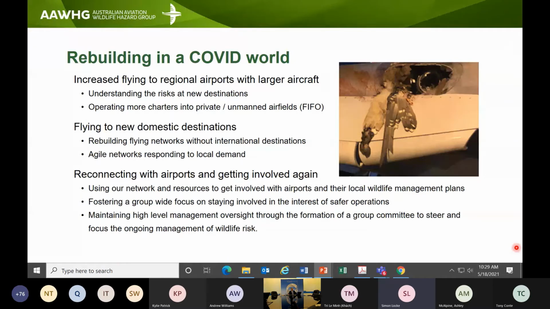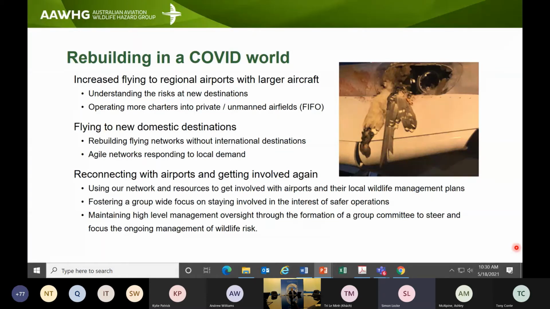What we're doing with that is utilising our networks across the airports and taking more of a group-wide focus on getting involved in the airports. The final thing we're looking for is to continue to maintain a higher level of management oversight through the formation of the committee to steer wildlife management across the group.